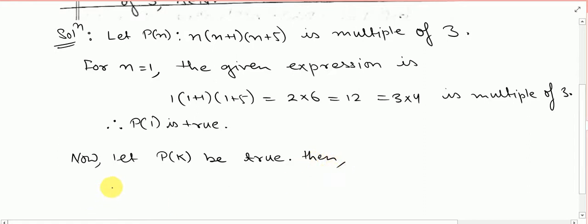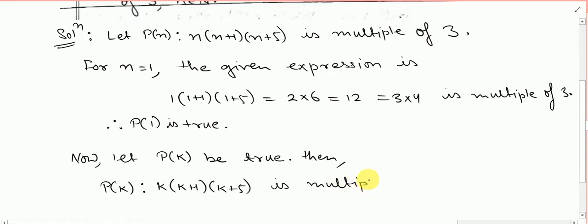Then for P(k), we have to copy this expression and only change n to k, so you get k plus 1 into k plus 5 is a multiple of 3.